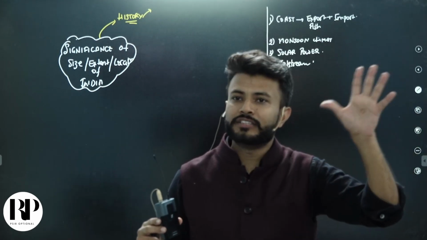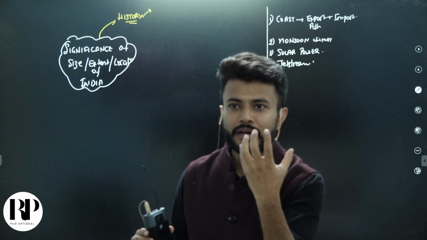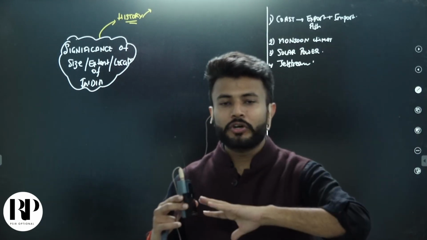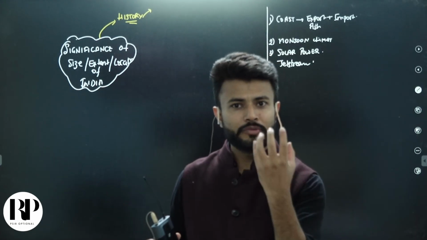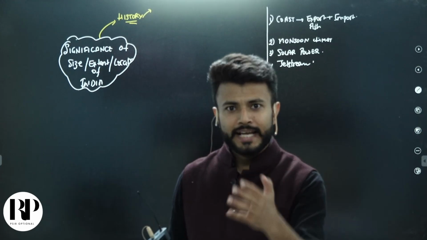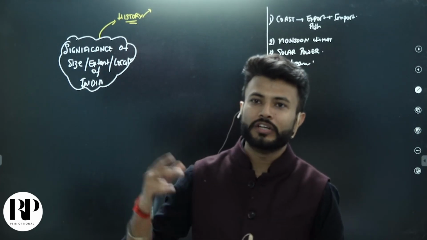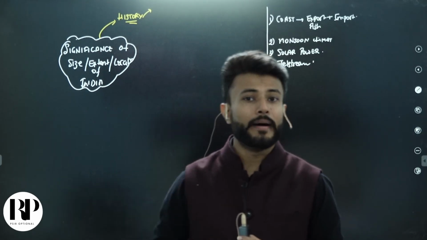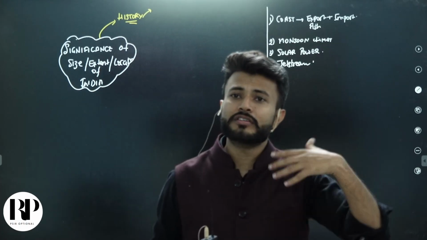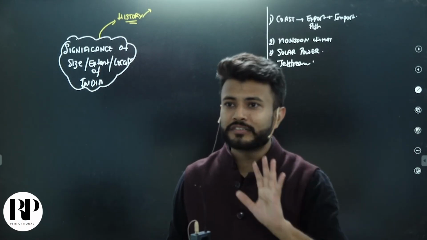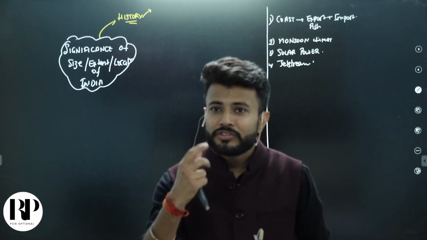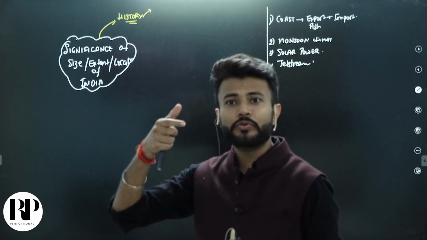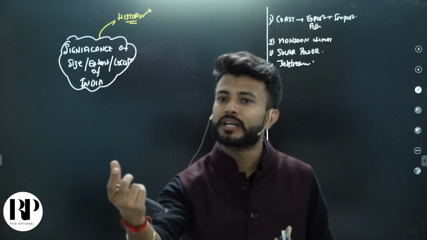All these great civilizations must be having something in common, na? At that point of time, because technology was not that developed, there had to be natural resources. In present times, yes, technology has gained prominence, but at that point of time, natural resources were the only determining factors, right? Natural resources are the direct outcome of the location of any geographical unit.